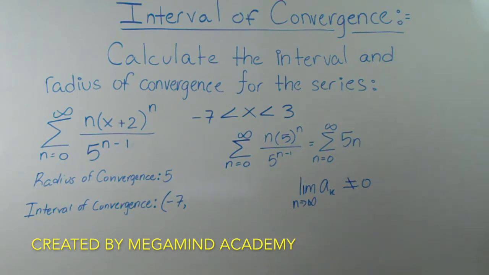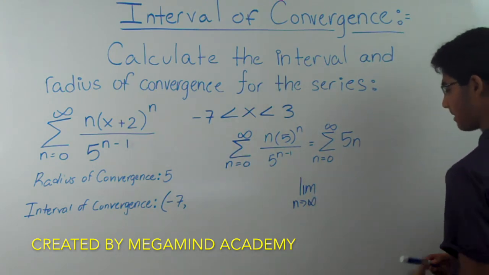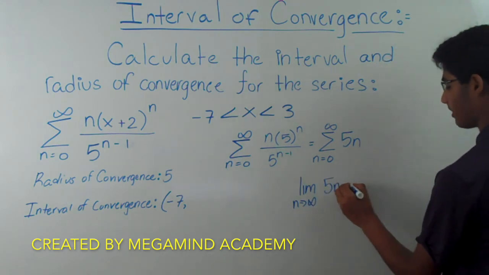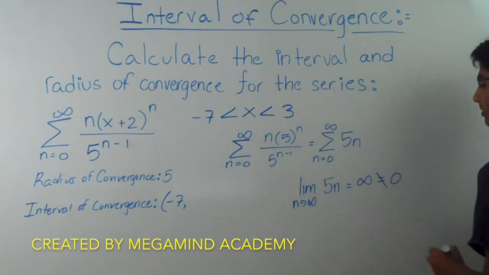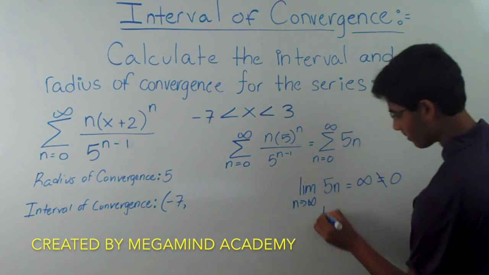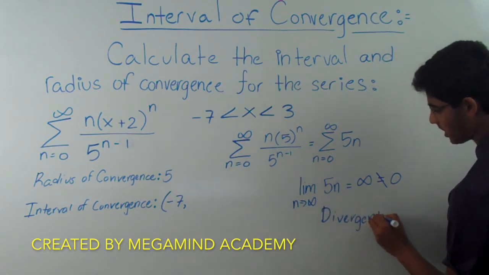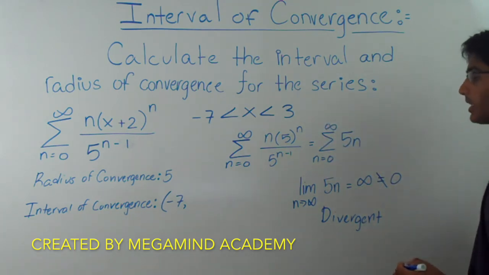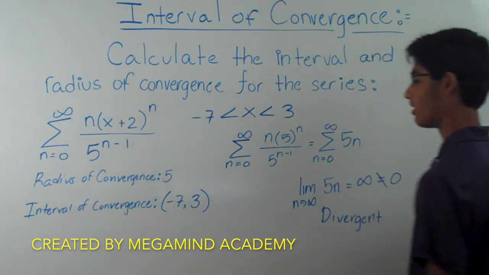We have the limit as n approaches infinity of 5n, which would be equal to infinity, which is not equal to 0, meaning that this is divergent. So because it's divergent, 3 is also not included in the interval. So we have comma 3 with a closed parenthesis.